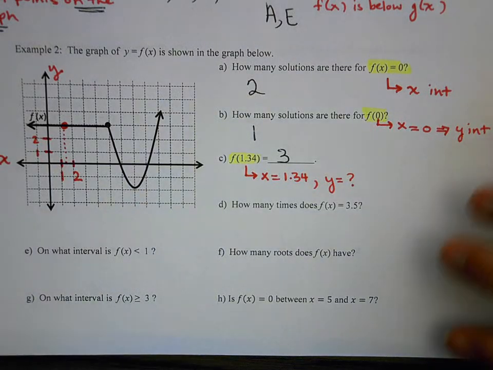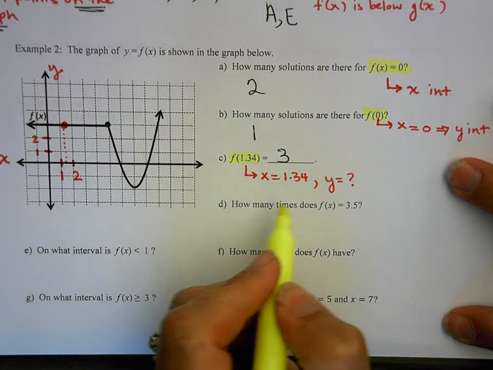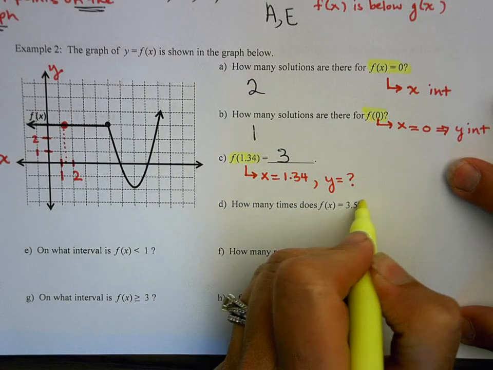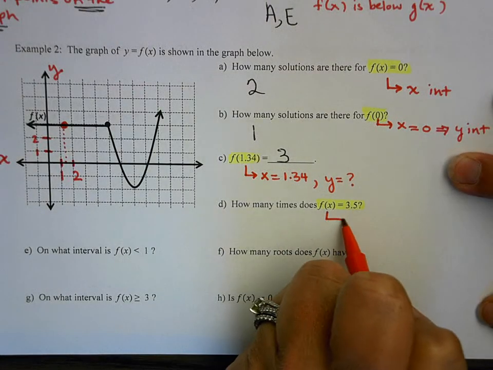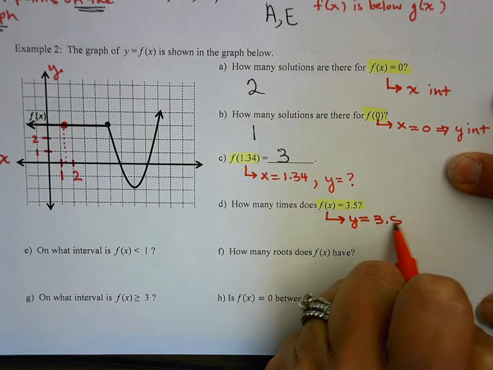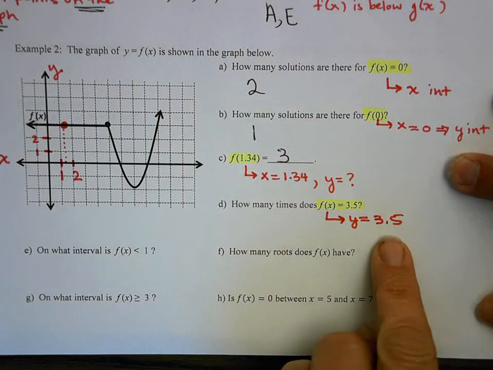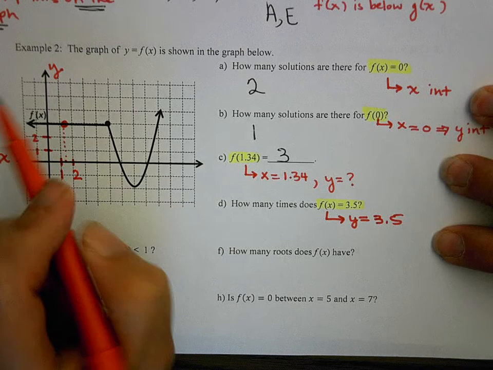All right, so for part D, they're wanting to know how many, so how many again? How many times does f of x equal 3.5? And f of x, remember, is just the same as y. So they want to know when y is equal to 3.5, how many times does that occur? Okay. So 1, 2, 3.5, that would be right around here, right?